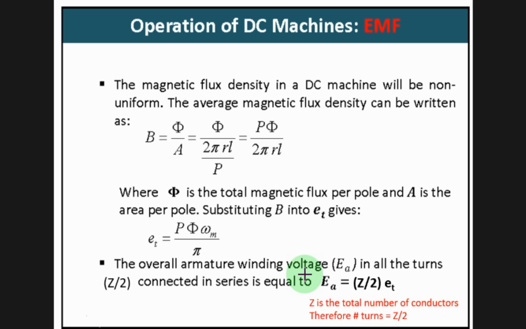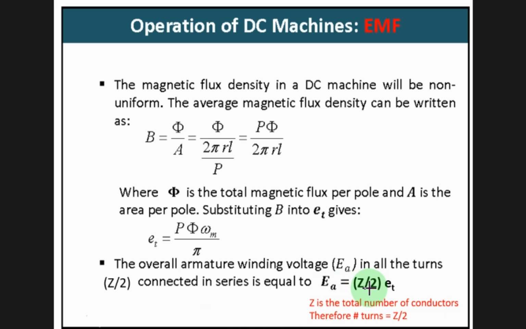So number of turns will be Z by 2, and total number of conductors will be Z, right? Therefore if you calculate this for all Z over 2 turns, then E_A is equal to Z over 2 times E_T, right? Because this we calculated for one single turn.